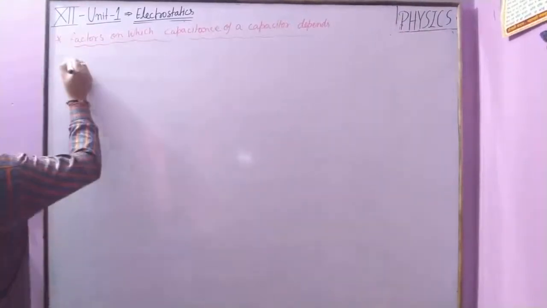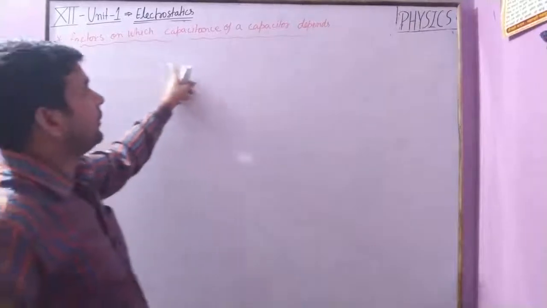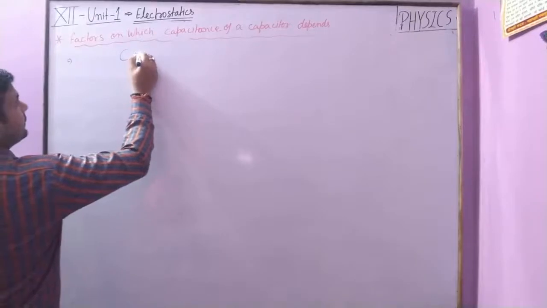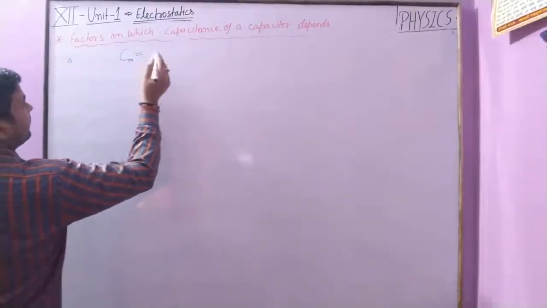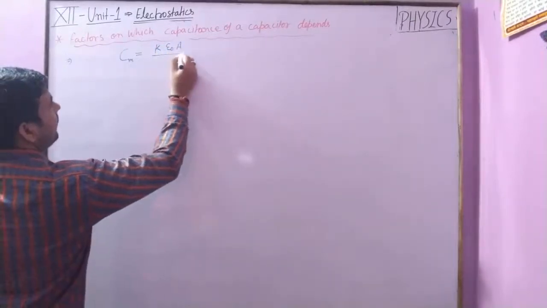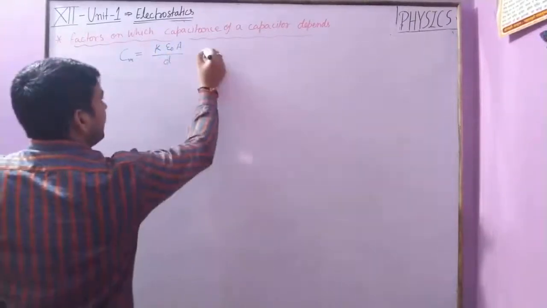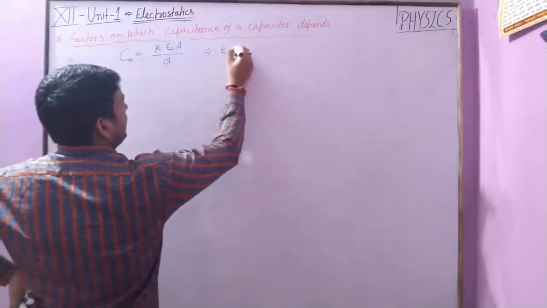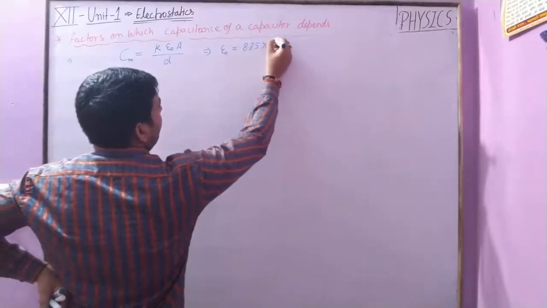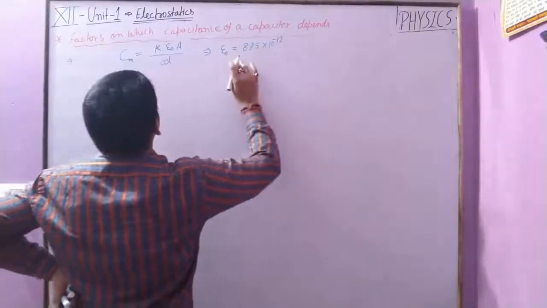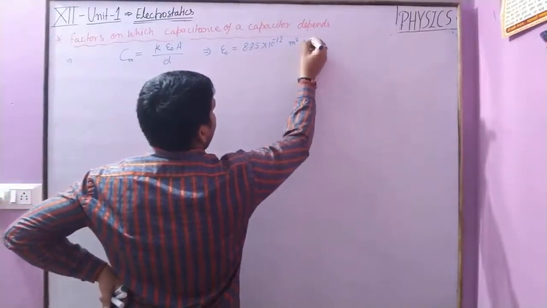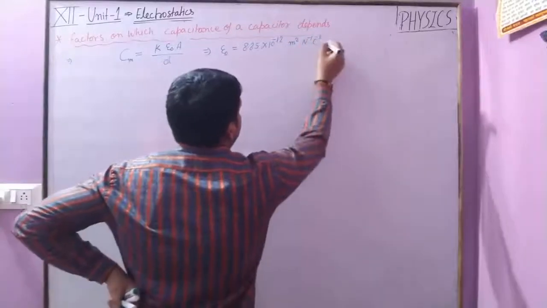Now students, next we have the factors on which the capacitance of a capacitor depends. We have the formula C medium is equal to K epsilon naught A upon D. Here epsilon naught is equal to 8.85 into 10 to the power minus 12 meter square Newton inverse Coulomb inverse 2.